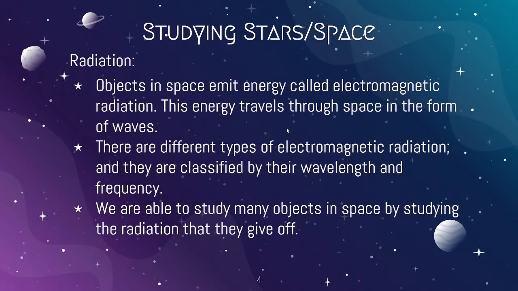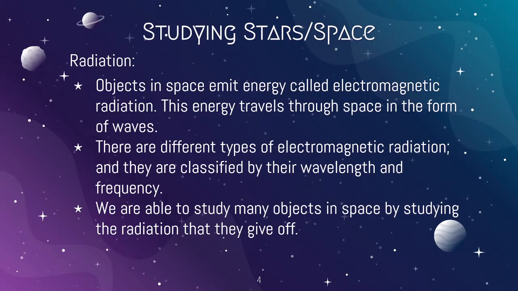The first thing you guys need to know is a little bit about how we study stars and how we study space in general. Since we can't travel very far yet in outer space, and even if we could, we could not land on a star, we could not touch a star because it's so incredibly hot, we have to use other types of data, and that comes from what we call radiation.